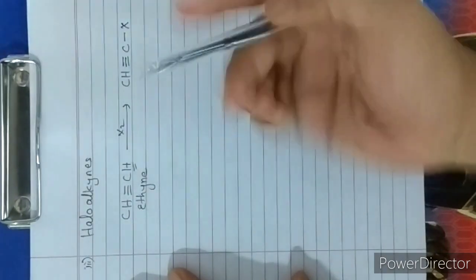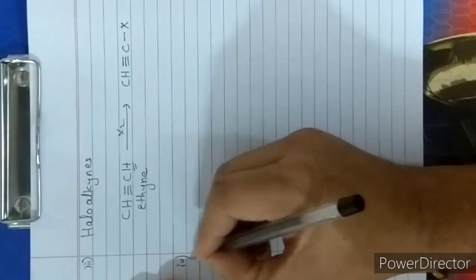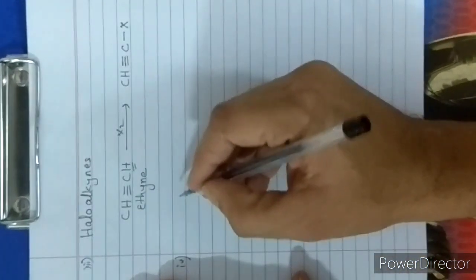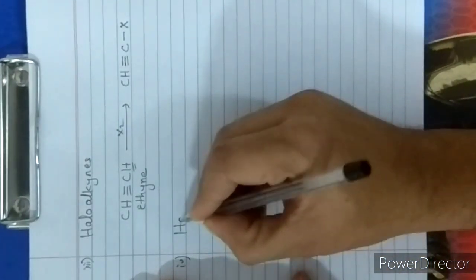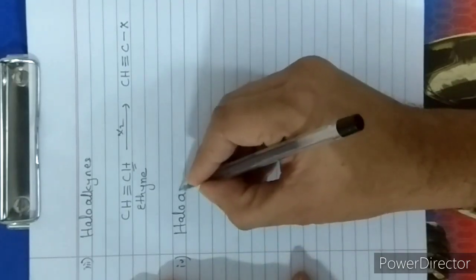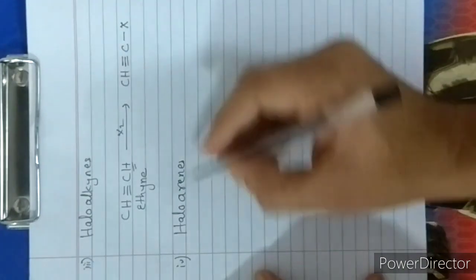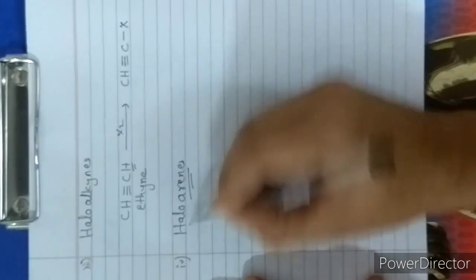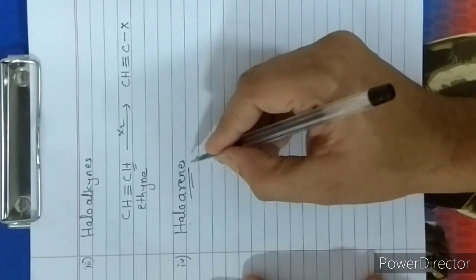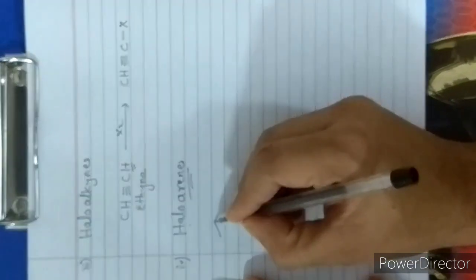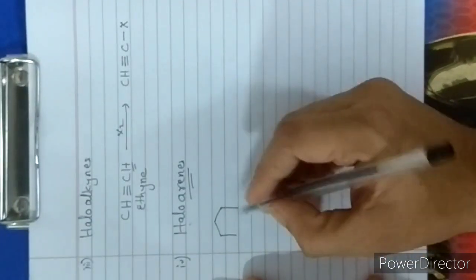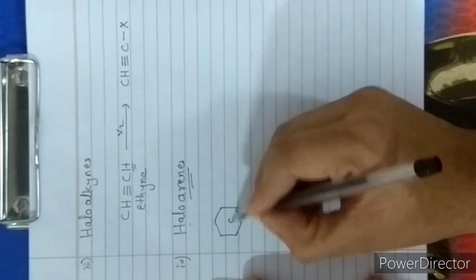Clear? Now it can be further classified as haloarenes. Now what is this arene? Halo means halogen, arenes. Arene means aromatic compound. For example, I take benzene, right?